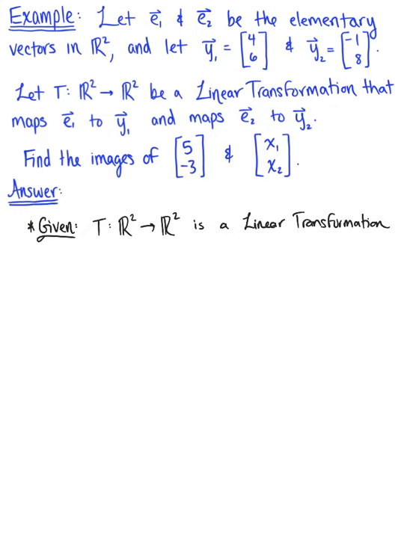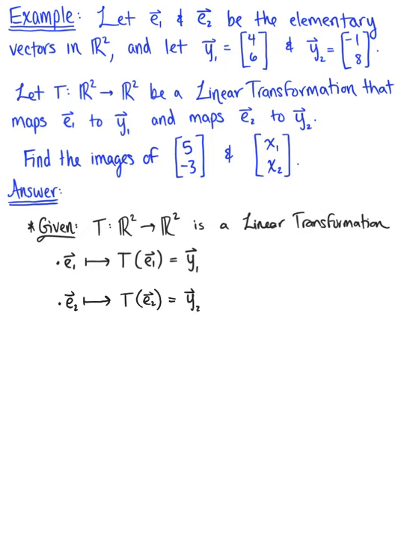It's also given to us here that this linear transformation T takes the elementary vector e sub 1 and maps it by definition to the image of the elementary vector e sub 1 under the action of T, which is defined here as vector y sub 1. Now, this linear transformation also takes the elementary vector e sub 2 and maps it to the image of vector e sub 2 under the action of T, which is defined here as vector y sub 2.